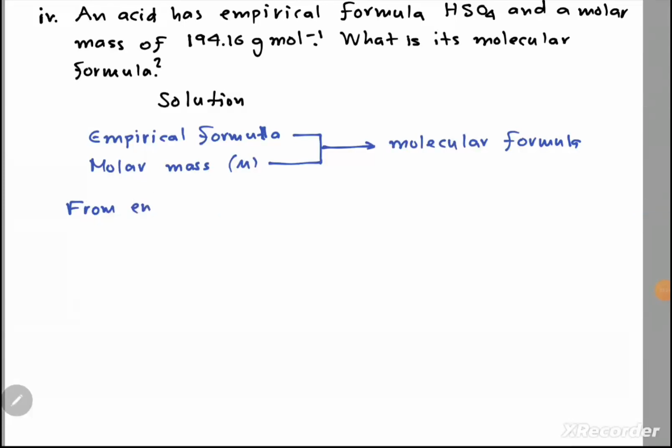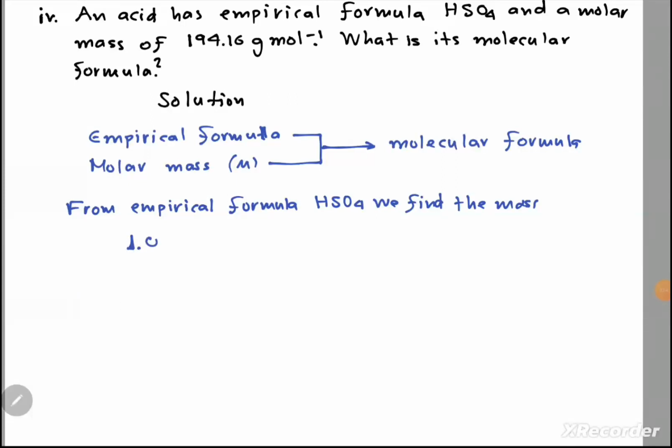From the empirical formula, hydrogen, sulfur, oxygen 4, we find the mass.